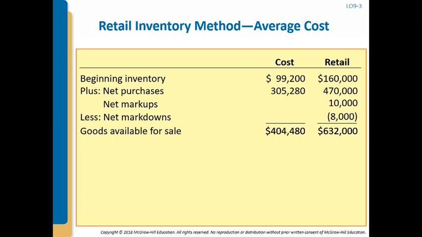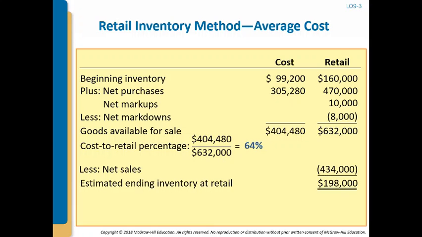And so again, once you do that, you're going to divide the goods available for sale, the sum of those numbers at both cost and retail, and then you're going to divide one into the other just like you did before.